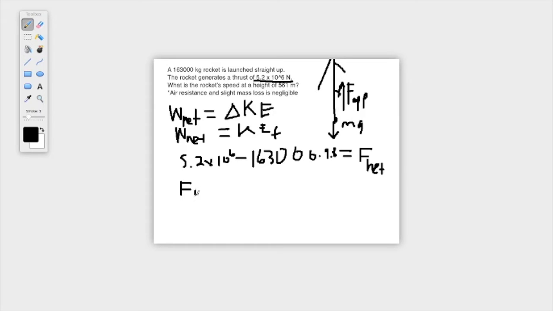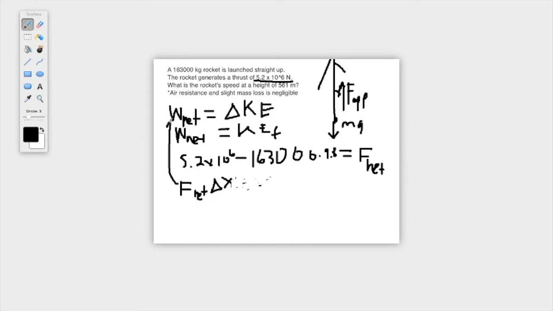So it would be F net times delta x cosine 0, and that would just simply be 1. So that is our net work.